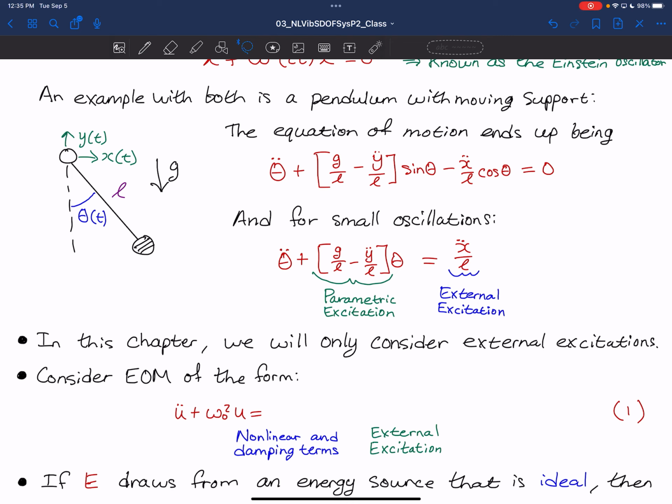So the horizontal motion acts as an external excitation to the system, and if you add in a vertical excitation, you end up with a parametric excitation.